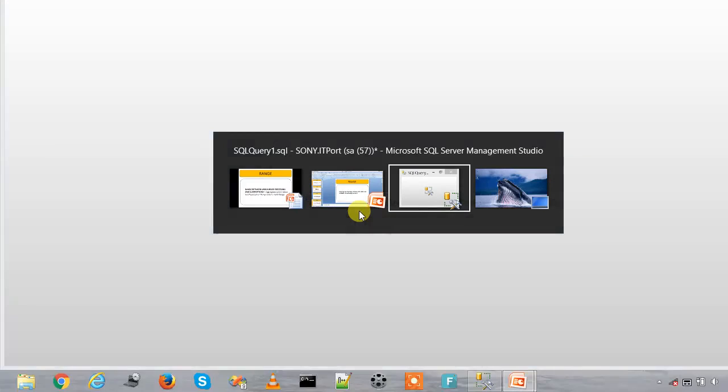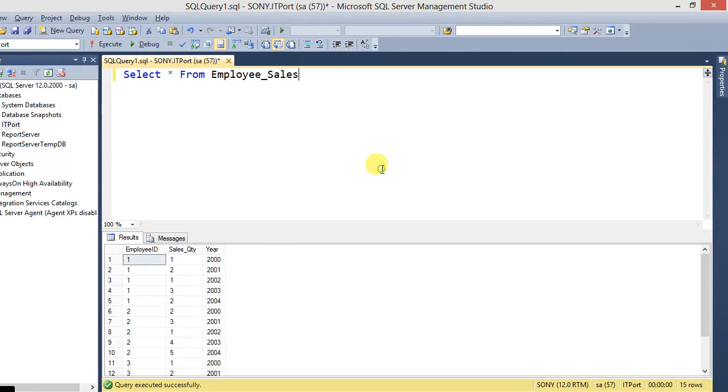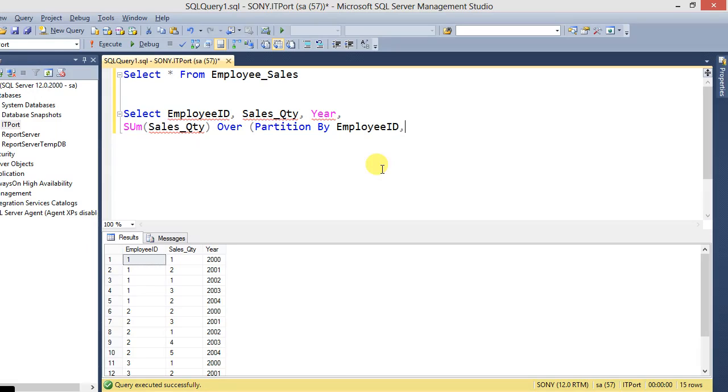So let us check with a simple example. We take employee sales. Here we fetch employee ID, sales quantity and year, and we sum the aggregate of sales quantity OVER PARTITION BY employee ID and ORDER BY employee ID and year.